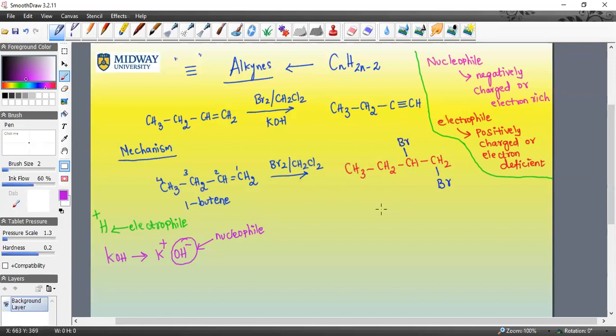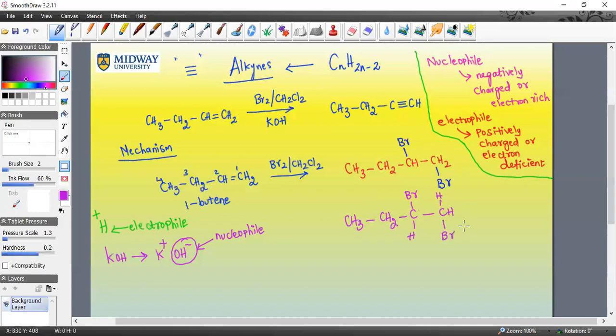So what happens here is I am going to rewrite this molecule in a certain way. Again, this is purely for the mechanism purpose. So CH3, CH2, I'm going to write it this way. Instead of the hydrogen being placed right next to it, I'm going to write it this way.